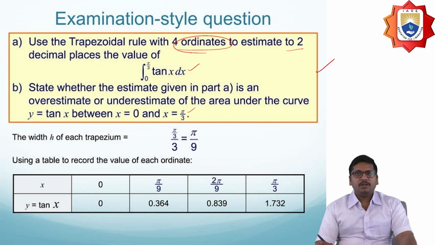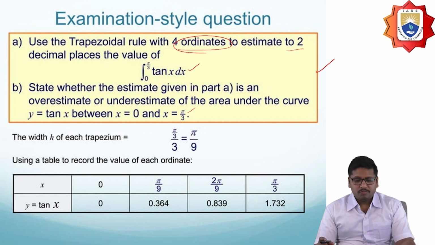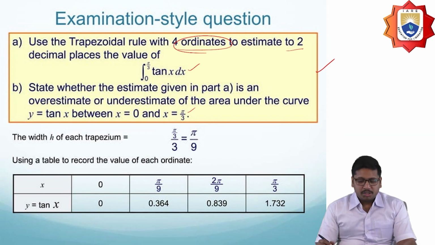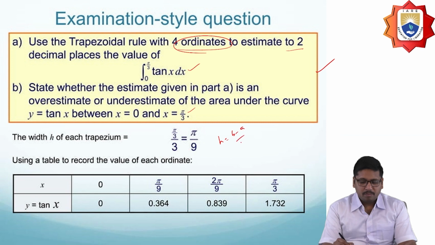So how are we going to find it? Initially we have to find the height of each trapezium. I'm going to take three strips, so h is equal to (b minus a) by 3, that is (pi by 3 minus 0) by 3, which should be pi by 9. So this should be the difference value.